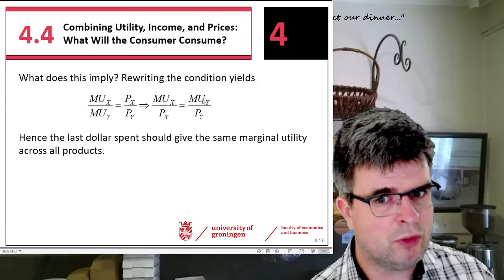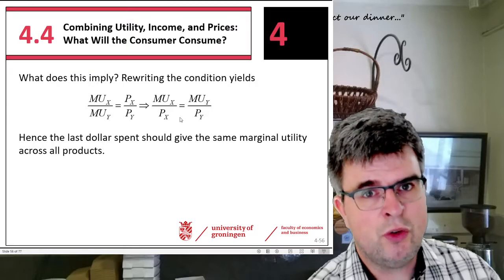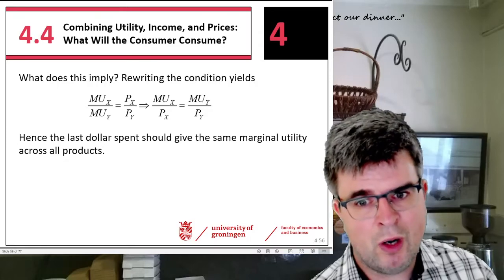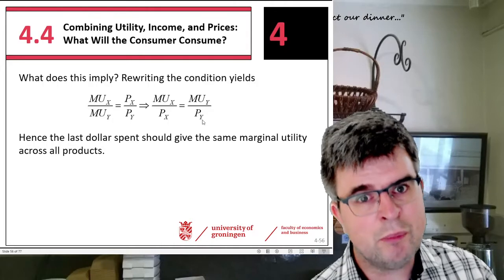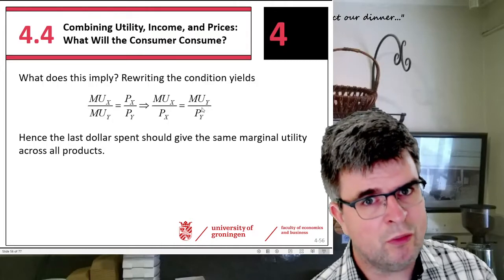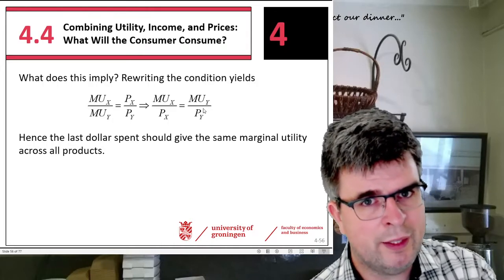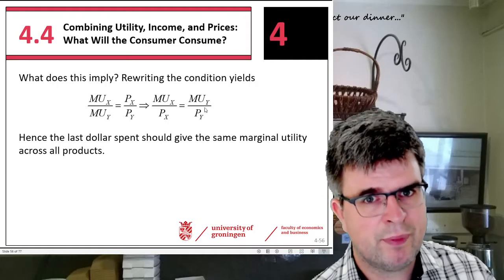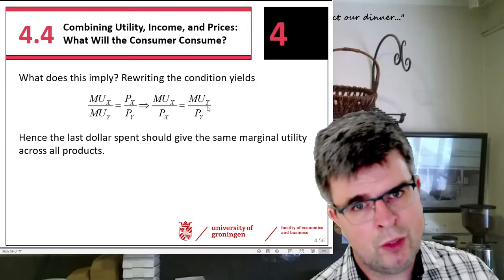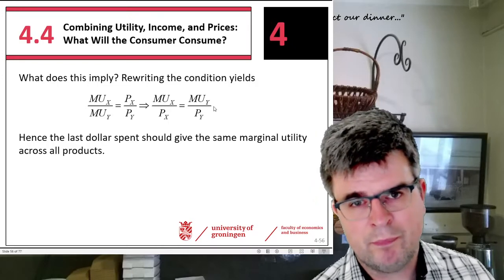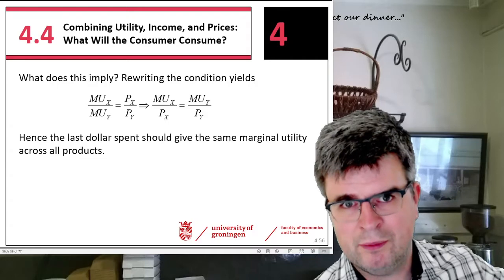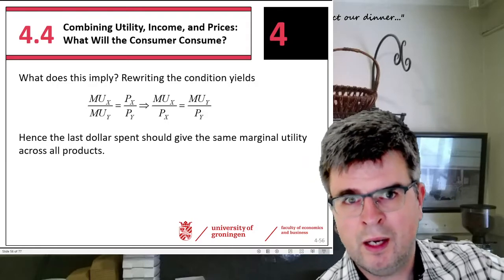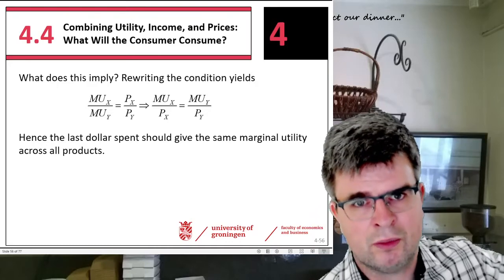Now suppose that the marginal utility of an extra unit of y is equal to 12, but the price of a unit of y is equal to 4, that also means that the final dollar that you spend on good y gives you an additional utility of 3. So it follows from the model that the last dollar that you've spent on clothing gave you the same marginal utility as the last dollar that you have spent on coffee.